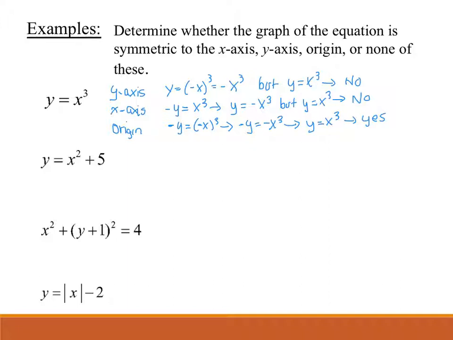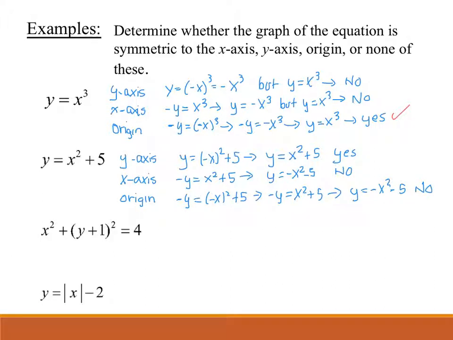So, guess what? It is symmetric around the origin, which is not surprising since graphically it is a snake that goes through the origin, and if you rotate it 180 degrees, it is symmetric about the origin. Now we're going to try the next equation.